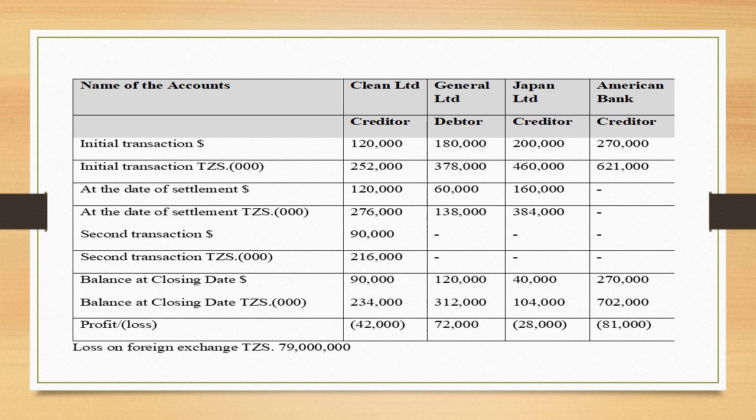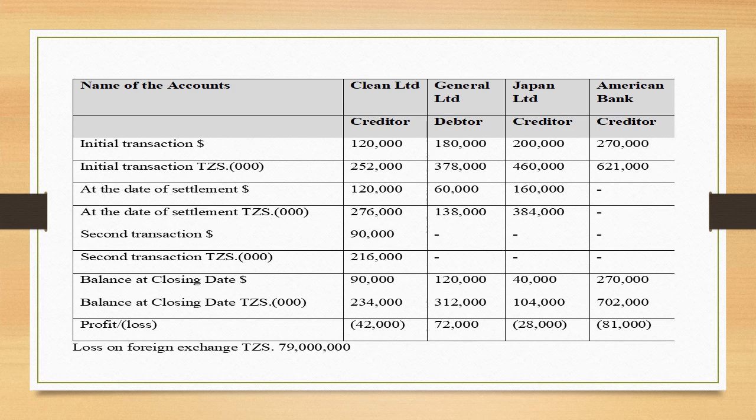So that will be a closing rate of 2,600: 90 will give 234 million, General Limited will be 312 million, Japan Limited will be 104 million, and American Bank will be 702 million.